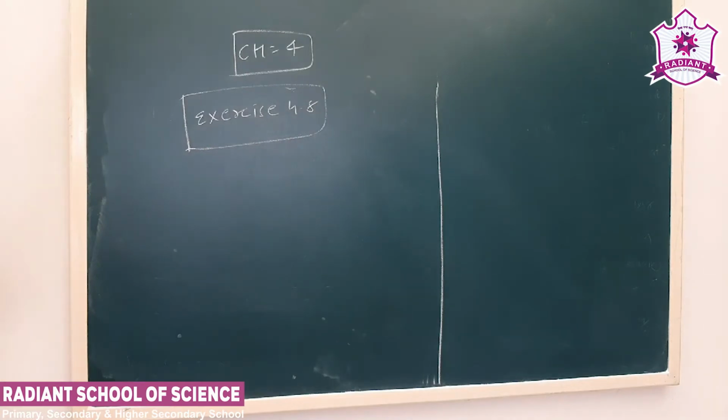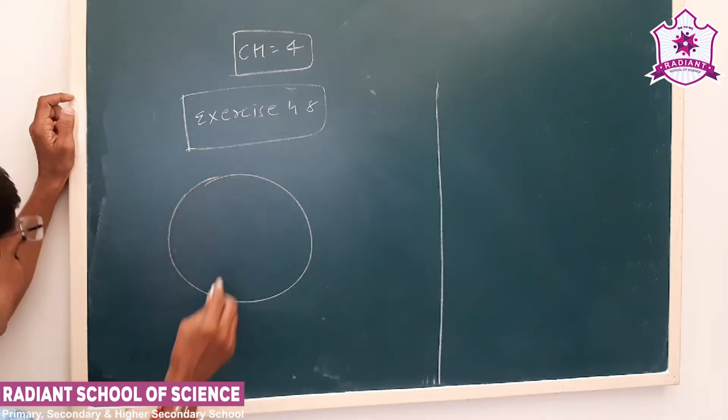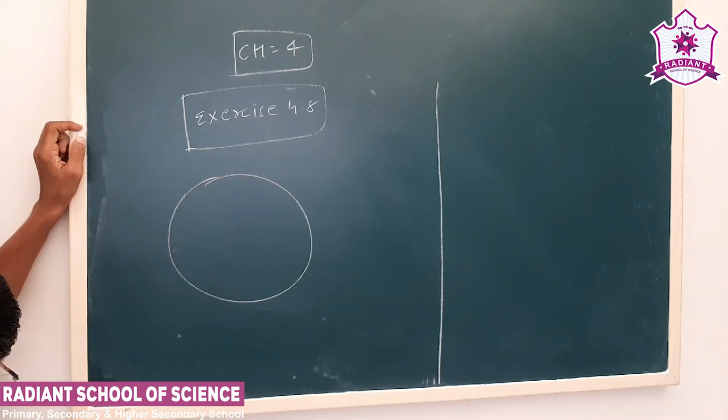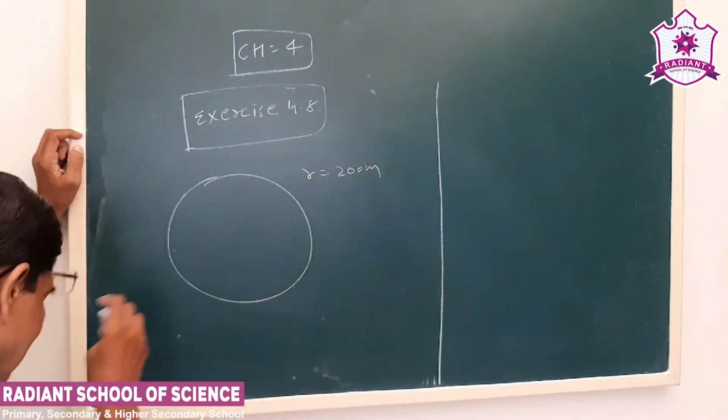Okay, now see, three girls are skating on a circular ice ground of radius 200 meters.